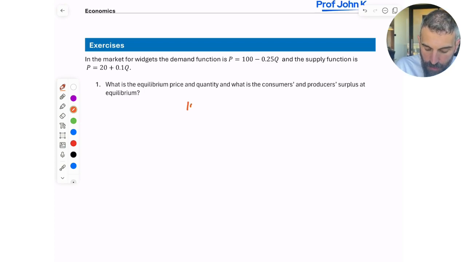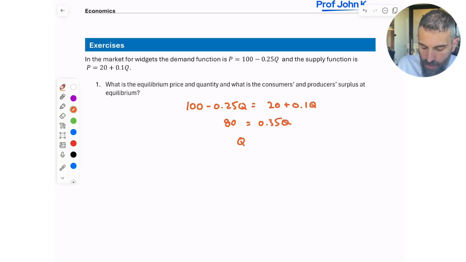So let's start by finding the equilibrium. All right, so by now we know how to do this. We're going to set the two equal to each other. So supply equals demand. And we're going to basically solve this. So your quantity ends up being 80 divided by 0.35, which is 228.57.